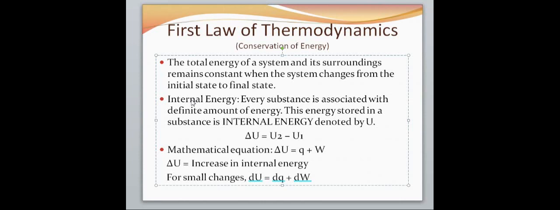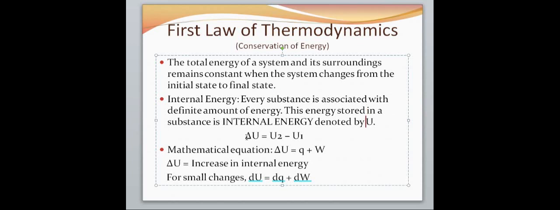Now, let's take a look at a new term called internal energy. Every substance has its internal energy, an energy which is associated with that substance, which is a definite amount of energy. This energy stored in a substance, what is it called? Internal energy, and it is denoted by capital U. Now, internal energy is never a single quantity.